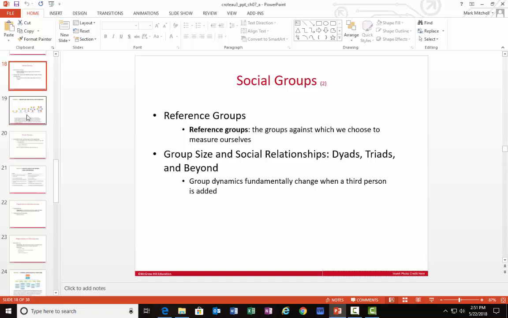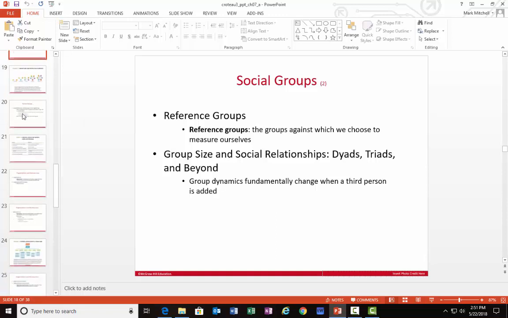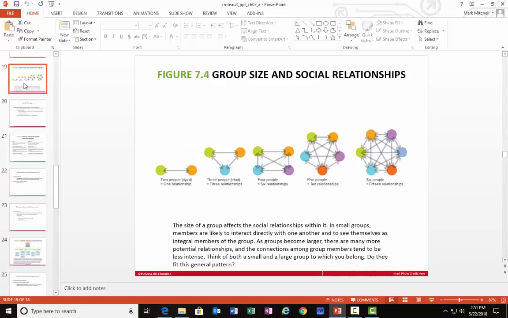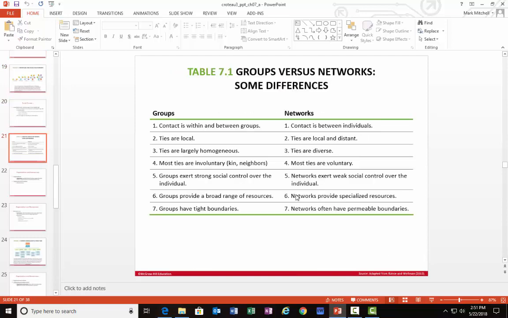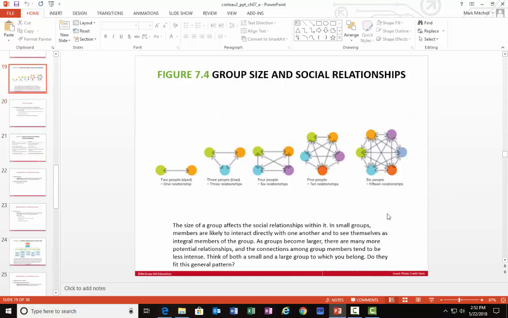Okay. We also have a short section on group size, and the smallest group we've already mentioned was two people, or a dyad. You can keep adding people to your group. Our book also mentions a three-person group, or a triad, and our next slide illustrates some more, but you just keep extending the possible number of relationships the more that you add.